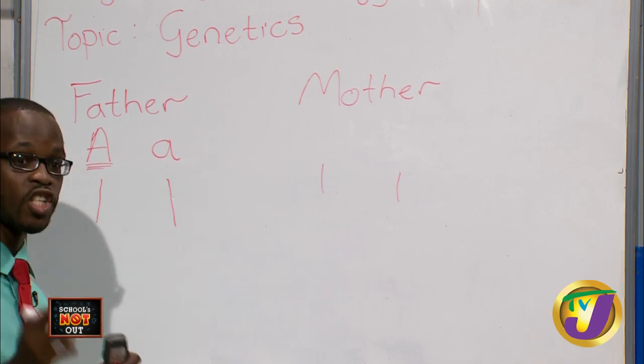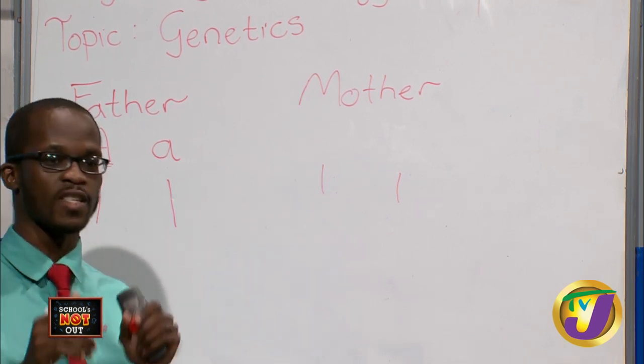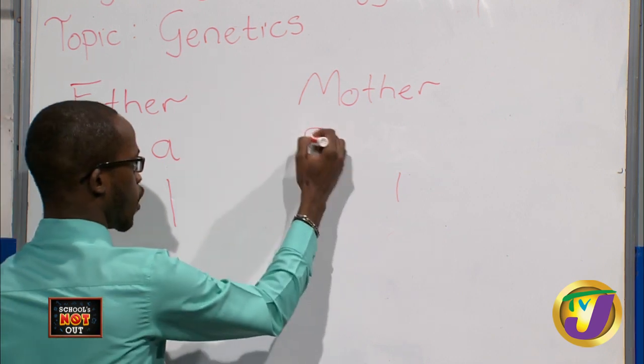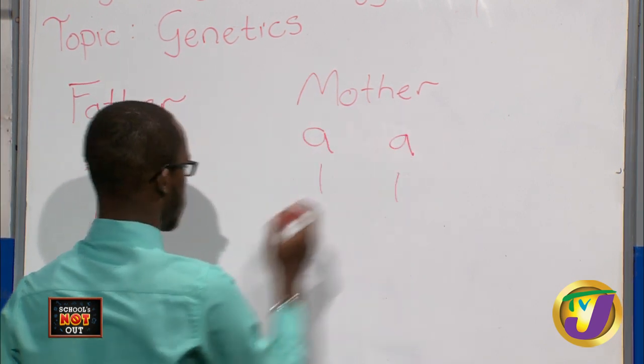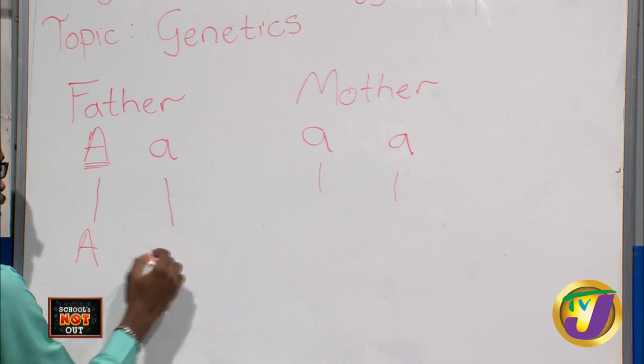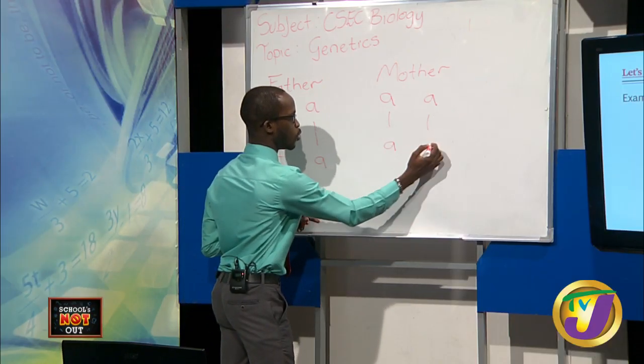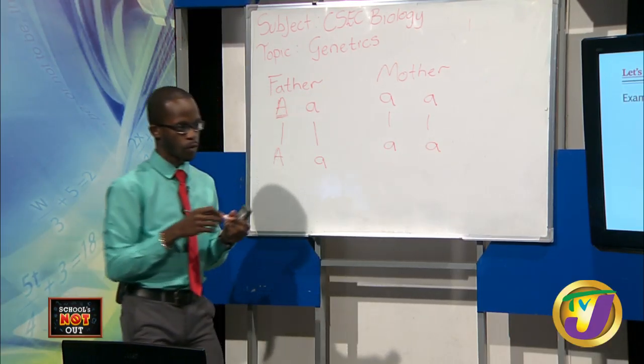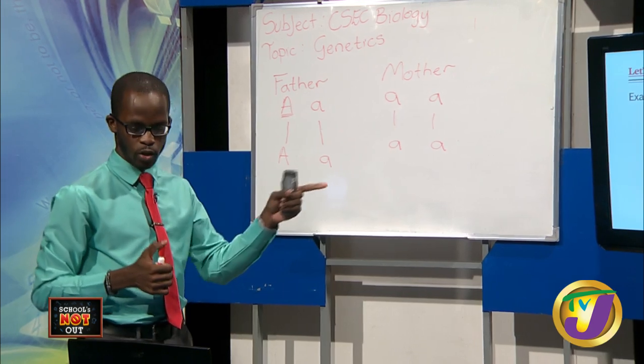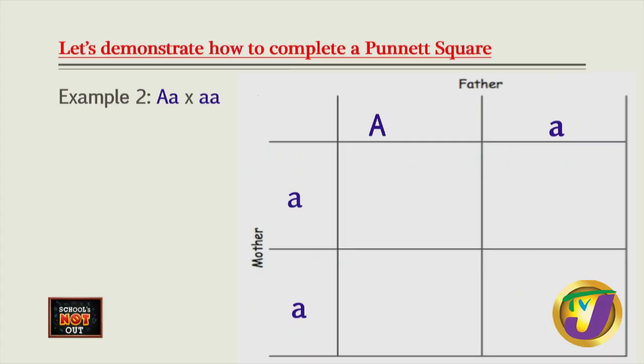The mother suffers from albinism, which means that she is homozygous recessive, so, of course, 2 lowercase a's. So for the alleles, we have a capital A and a lowercase a for the father being the carrier, and for the mother, we have 2 lowercase a's. Now, if we were to go back to our Punnett square, this is the combination.